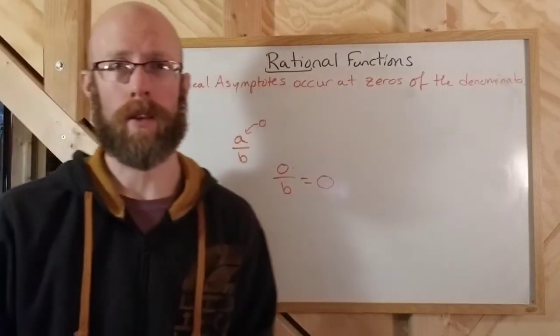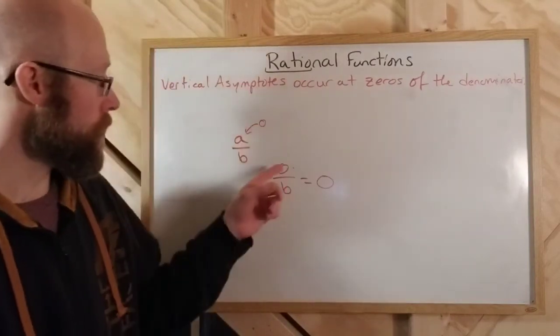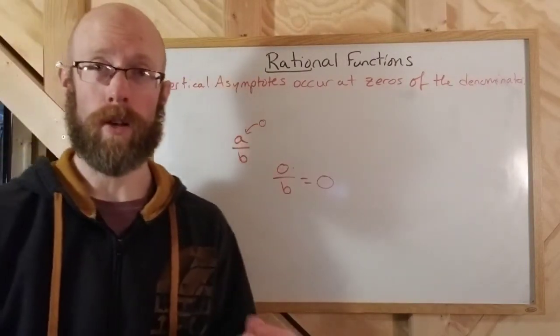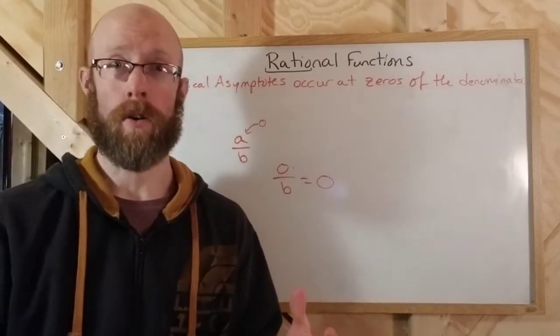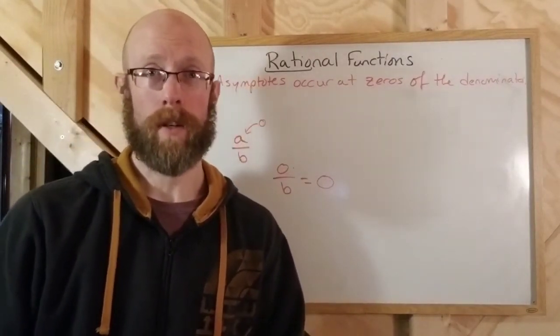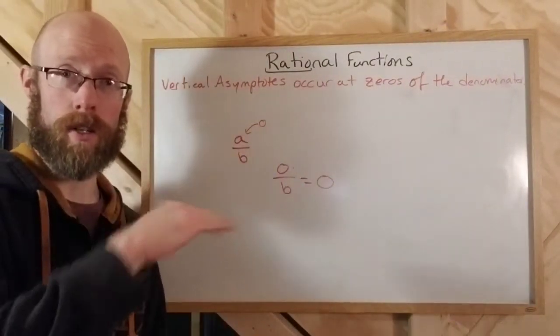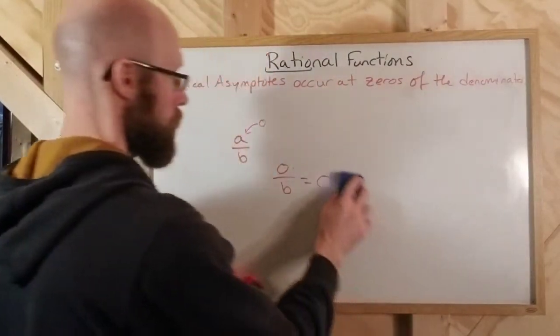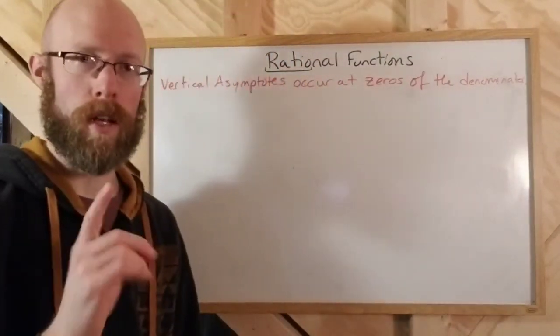And there's not really any other way to get 0 out. So that means that anything that makes the top, the numerator, 0, will result in a 0 or an x-intercept of our graph, okay? Because the output will be 0. The height of the function is 0, okay?